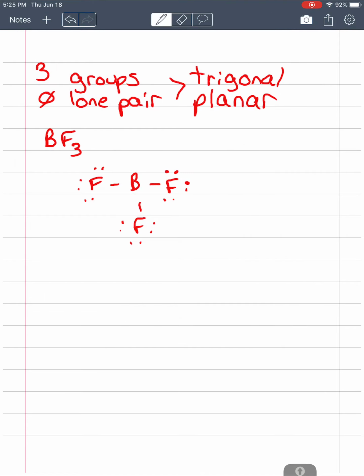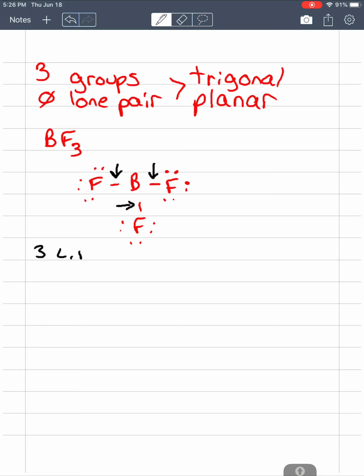So now we're going to count electron groups. Remember, boron is an exception to the octet rule. It gets an incomplete octet frequently. So it's 1 electron group, 2 electron groups, 3 electron groups. We're only concerned with the electron groups around the central atom. We don't care what's around the fluorine. We only care what's around the thing in the middle.